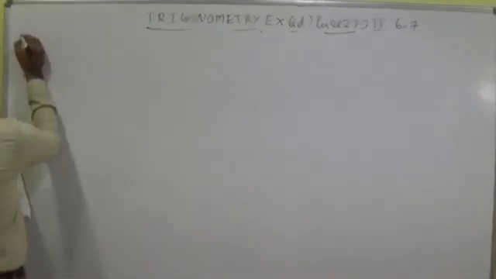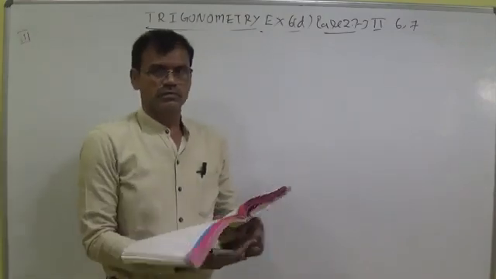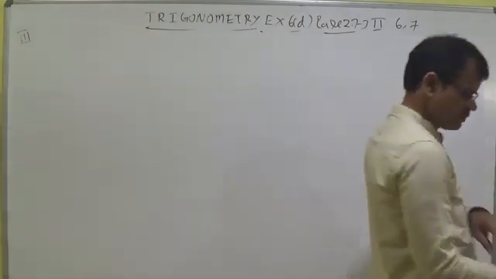Let us start Roman number 3. Roman number 3, total 4 questions are there in page 273 and page 274.